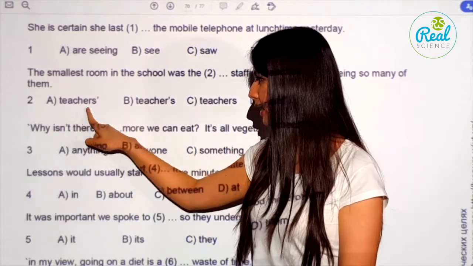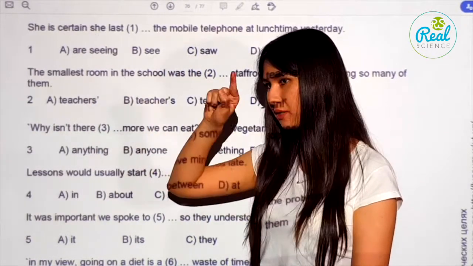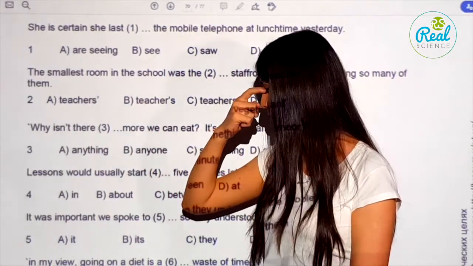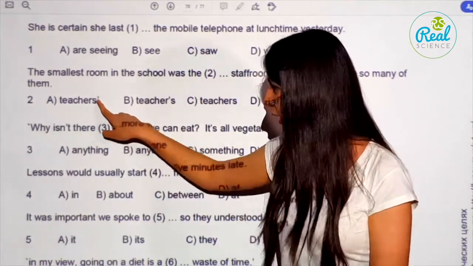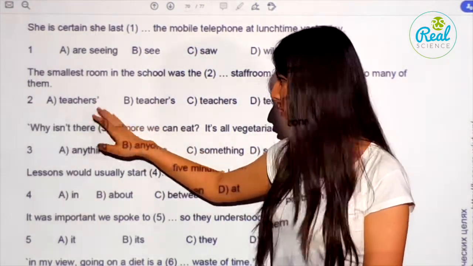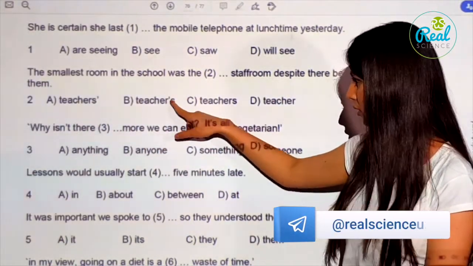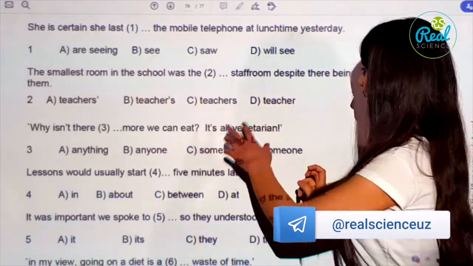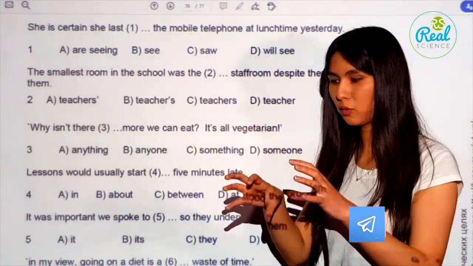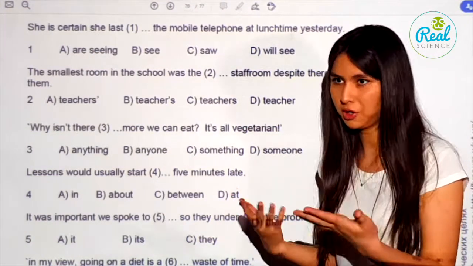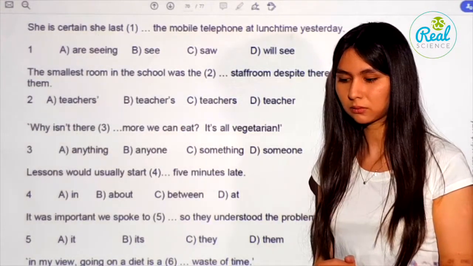When we have teachers in the plural form, after the s you have to put just an apostrophe, and after the apostrophe you don't have to put s. So that's why the best option is here. In the staff room work not one teacher but more teachers. That's why we put the plural form, not the singular one.